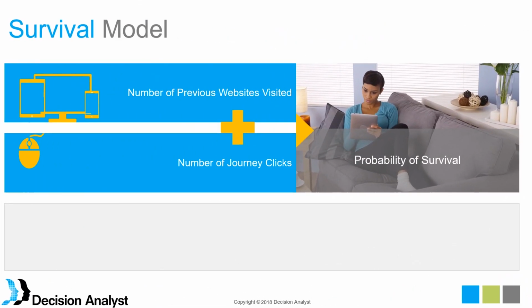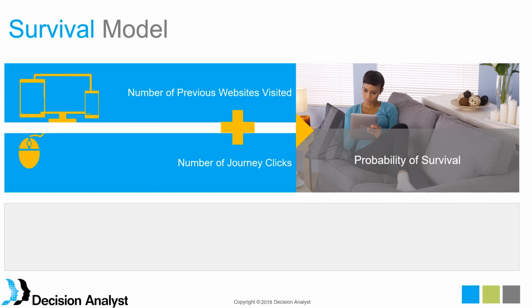The third kind of model that we'll talk about is a survival model. And this kind of model is used heavily in medical research and in other kinds of research where the lifespan of a person or a product or something is being measured and modeled.